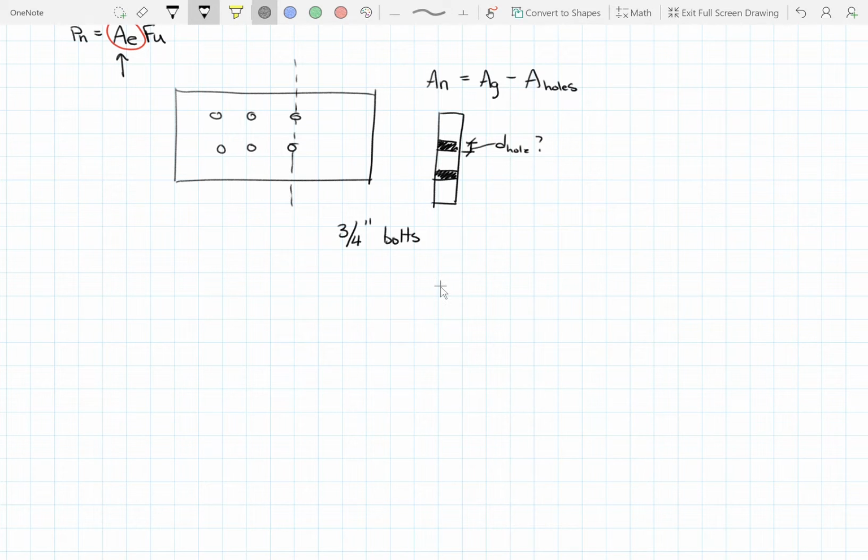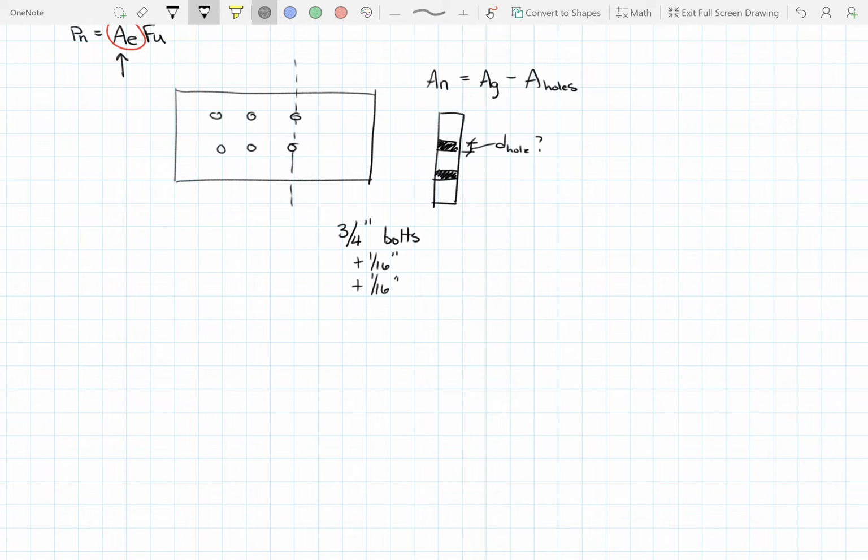So you add 1/16 inch for fit, and then to be conservative, they say we're going to add another 1/16 of an inch, just in case maybe the bolt hole was cut a little bit too big, or maybe the material was heated too much and so it's not as strong, or there could be a number of different reasons, but to be conservative, it's always an additional 1/16.